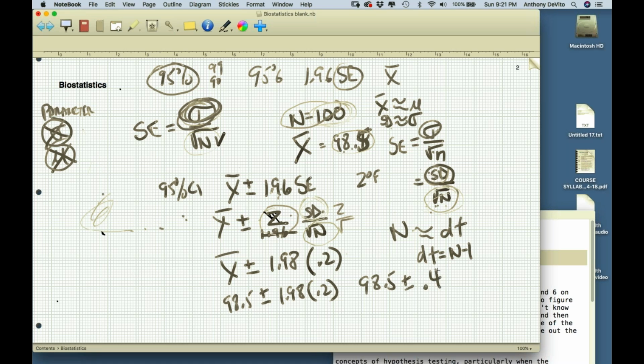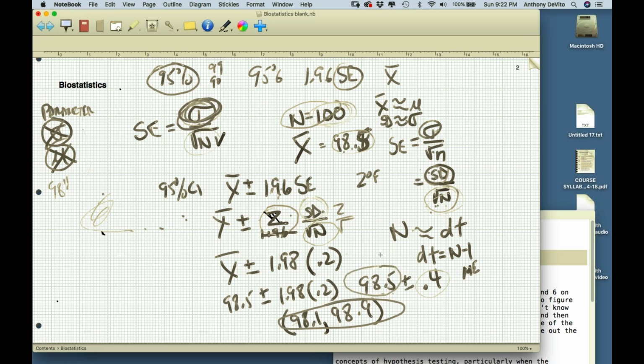Now you guys remember that this plus or minus, we have a name for that. We call that the margin of error. So if I add and subtract that, I'm going to have 98.1 to 98.9 degrees. I'm 95% confident that the true population mean, remember that might have been 98.6, is between these two numbers.